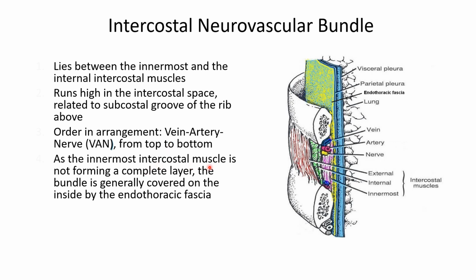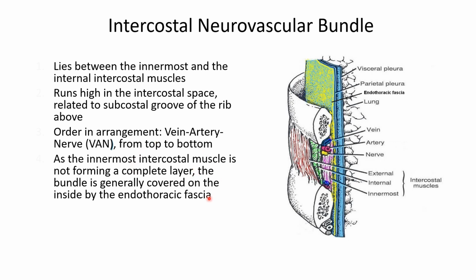As the innermost intercostal muscle is not forming a complete layer, which has 3 components, only in the middle 2/4 of it you will see the intercostalis intimus, and then the subcostalis, and then the transversus thoracis. They are incomplete muscles.